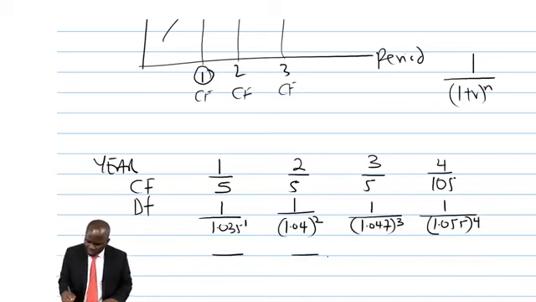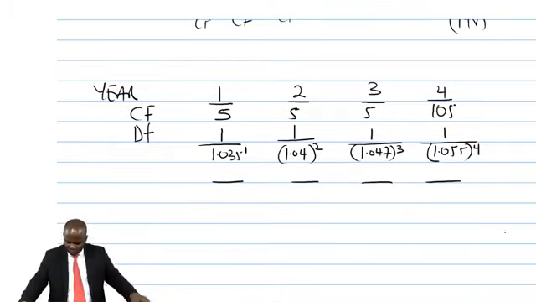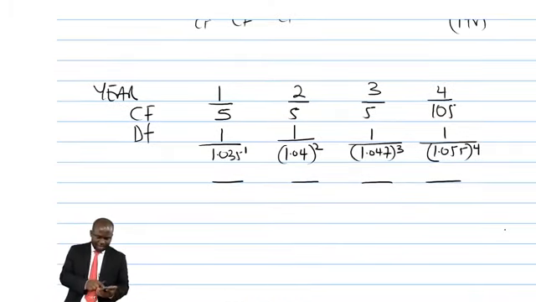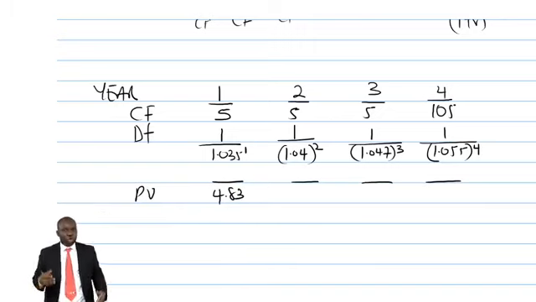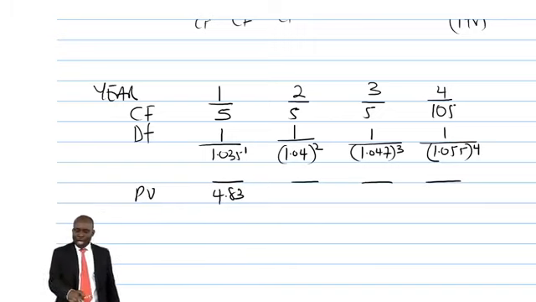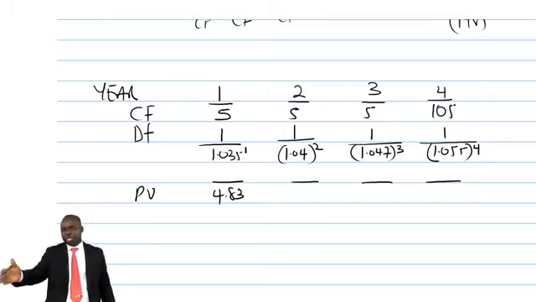And what will be the present values of those figures? So I will say 5 divided by 1.035, and this is 4.83 PV. So it's the same principle. The only difference is that we are not using the common internal rate of return. We are using the return specific for each year.